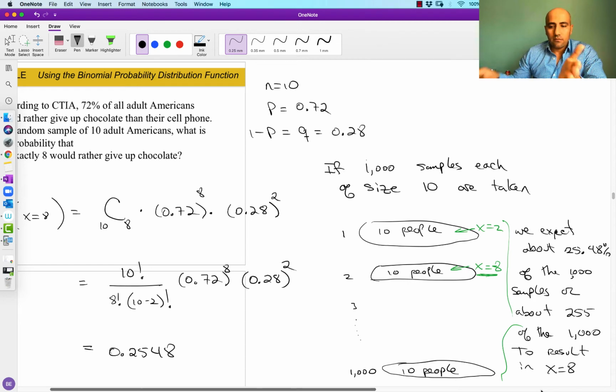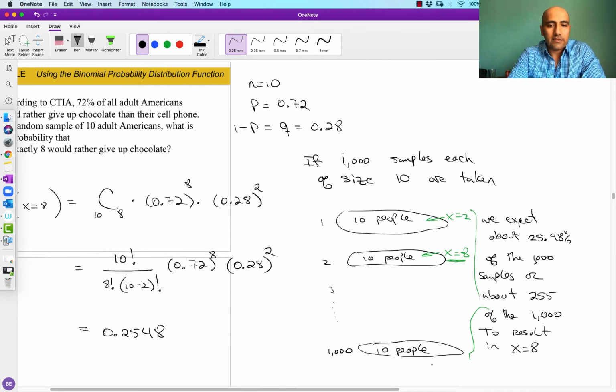In other words, x equals 8 means that in that group, exactly 8 people said, yes, I'd rather give up chocolate than the cell phone. That's the interpretation for it.